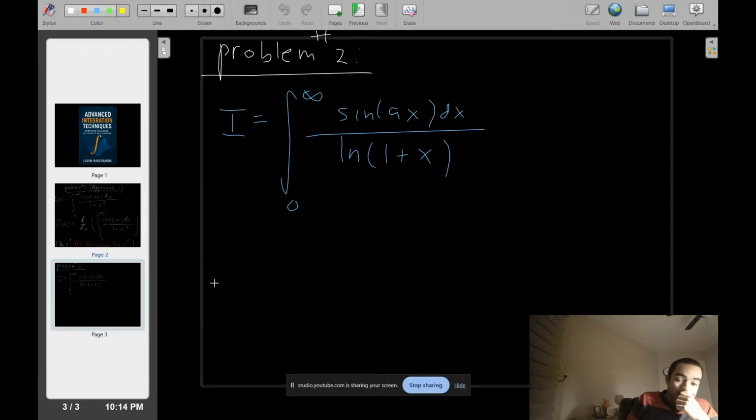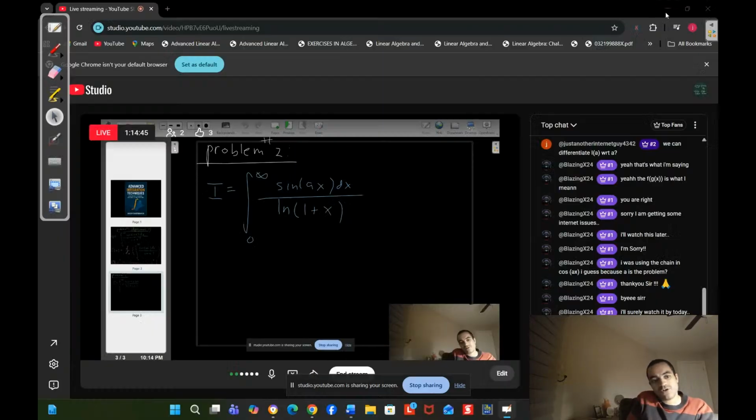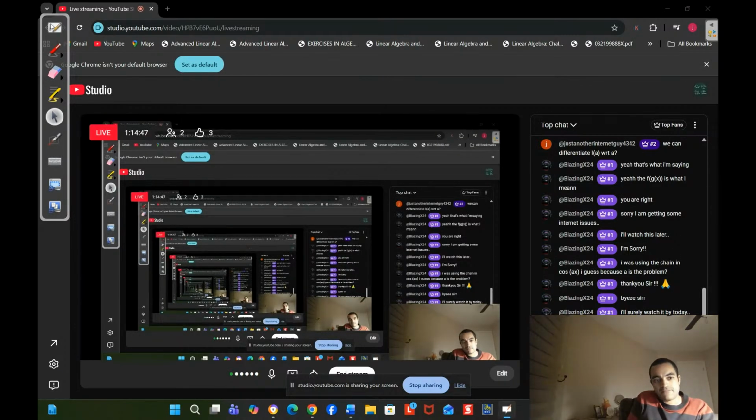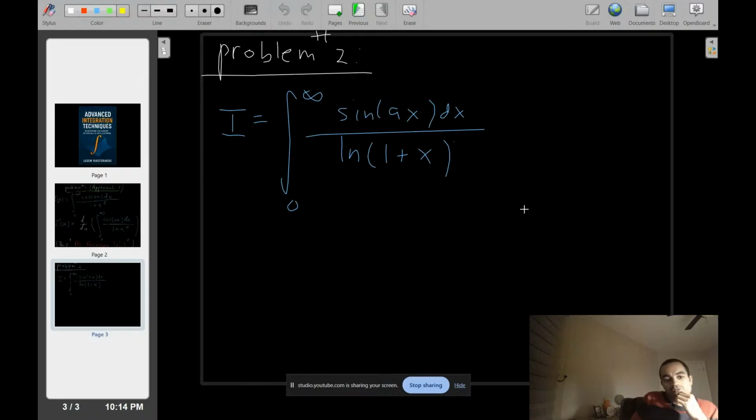Okay, so anyone have any ideas how we can go about this? I already gave you a hint, by the way, if you were paying attention. I just said that to make sure you guys are paying attention. How do we solve this? How can we solve an integral of this nature, sin(ax) dx all over ln(1 + x)?